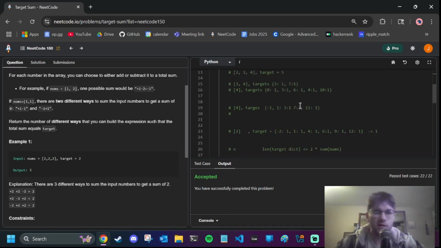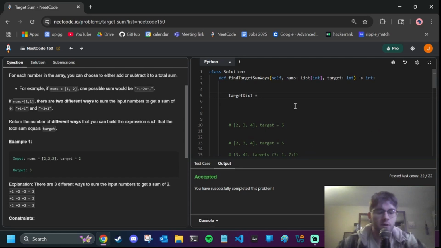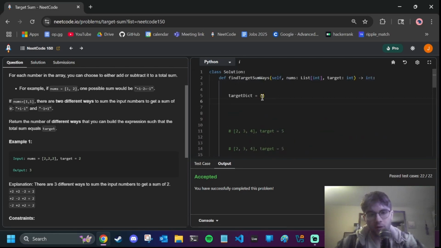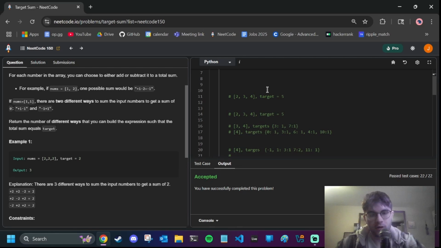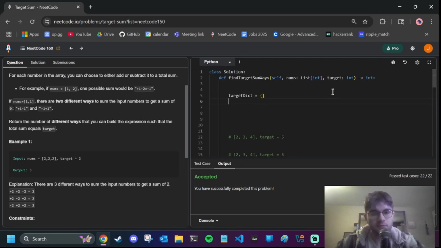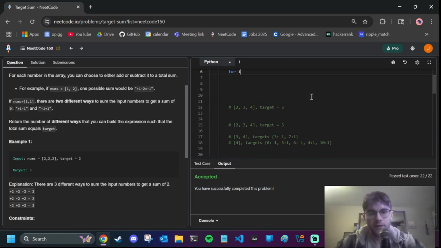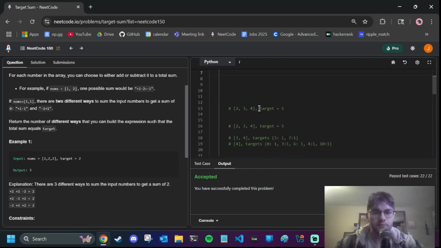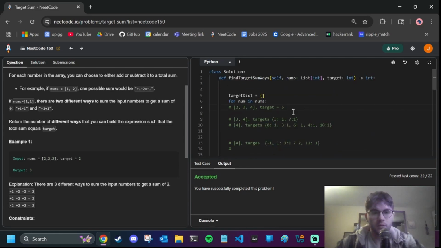So I guess I'll just do a copy of the dictionary. I'll just sort that out. So we have a target dictionary which has nothing in it. We are going to say, for num in nums. What do we want to do?